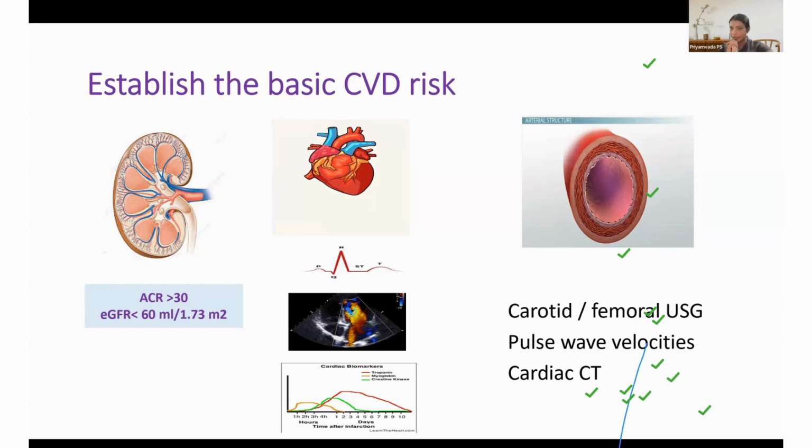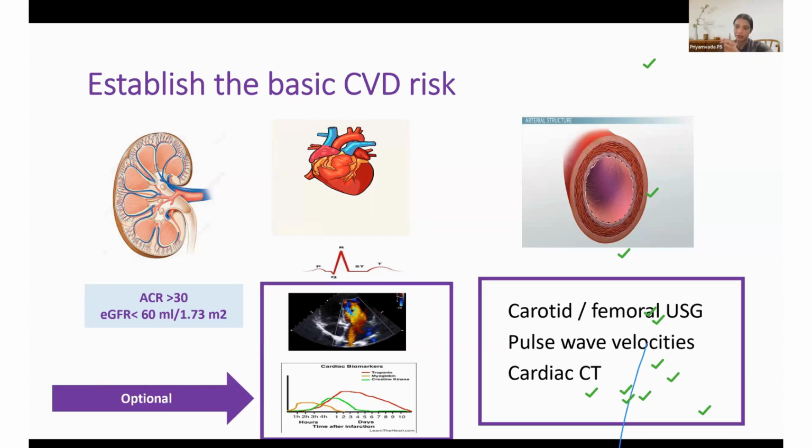We need to get an ECG to look for left ventricular hypertrophy. And for the remainder, we have to see the condition of the vessels also. But usually, most of the time, a carotid or femoral ultrasound might be needed. Again, that's not mandatory in all individuals. If the patient has a significant history of atherosclerotic vascular disease, such a candidate might be a good person for whom we use the carotid or femoral ultrasound to look for narrowing and plaques.